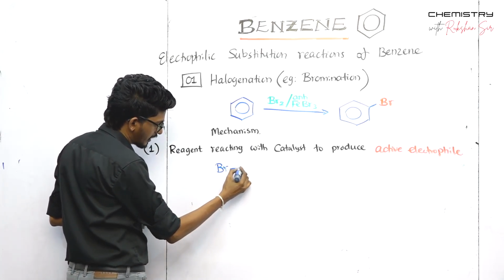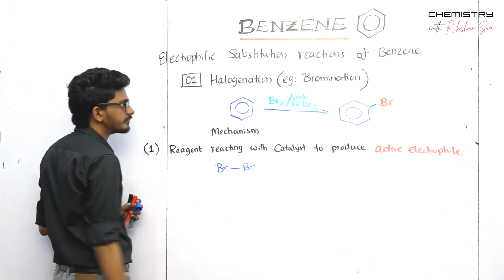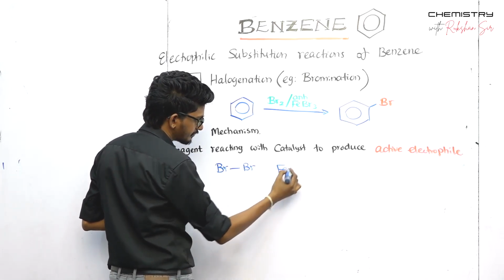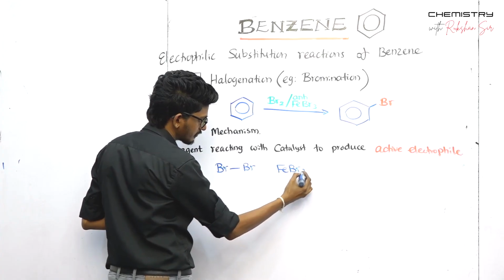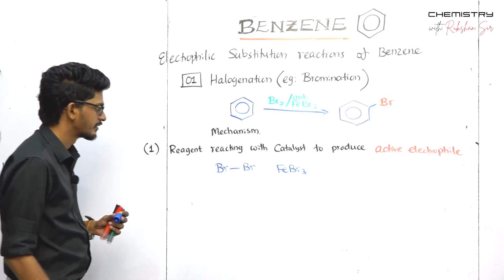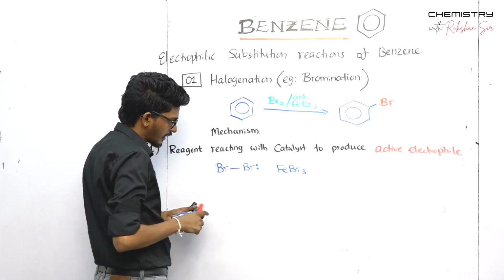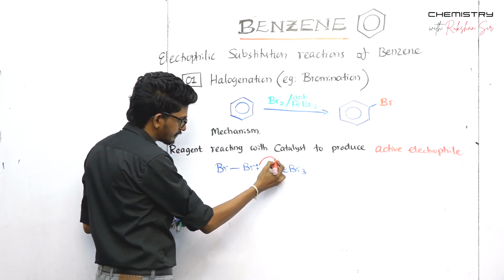So you have the Br2 and the FeBr3, the catalyst. What happens is these 2 electrons will be donated to this one.